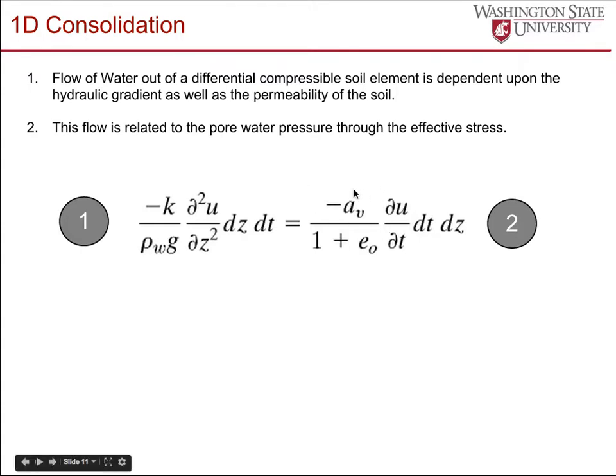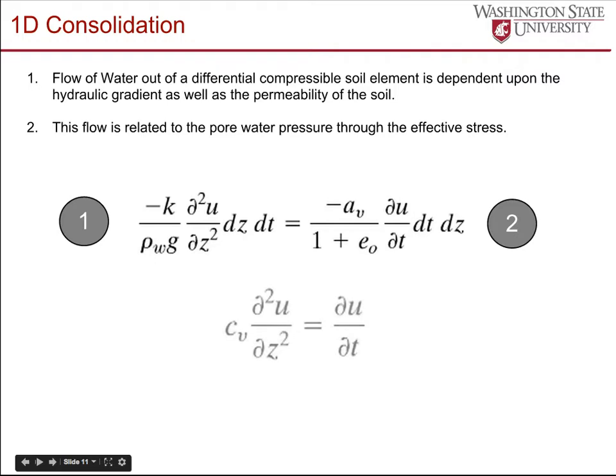It's synonymous with the elasticity in something like a metal. So this is relating our effective stress and the pore water to the amount of water leaving. You can think of the amount of water leaving as affecting what that pore water pressure is, and within that, the effective stress.